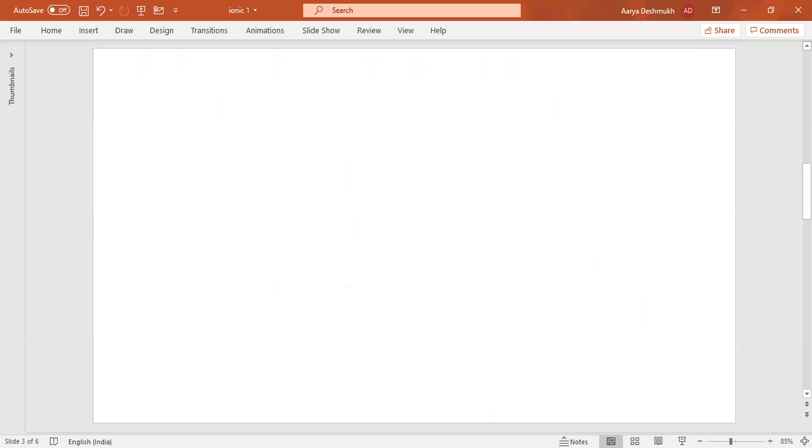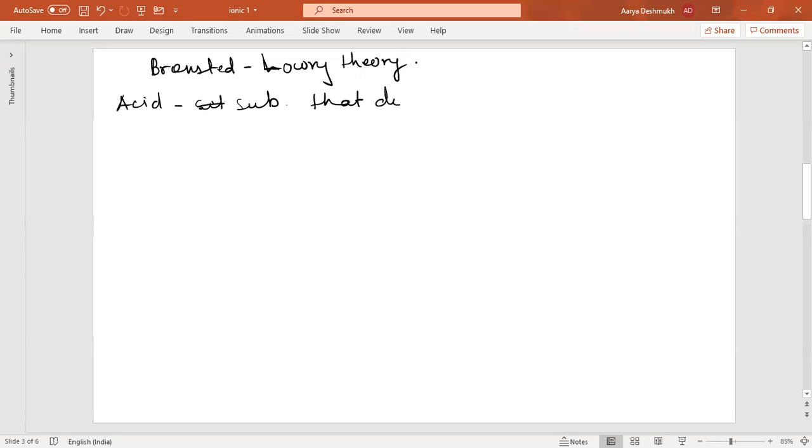another theory which was put forth is called the Bronsted-Lowry theory. Now, according to this theory, an acid is a substance that donates a proton, meaning H plus ion, to another substance.